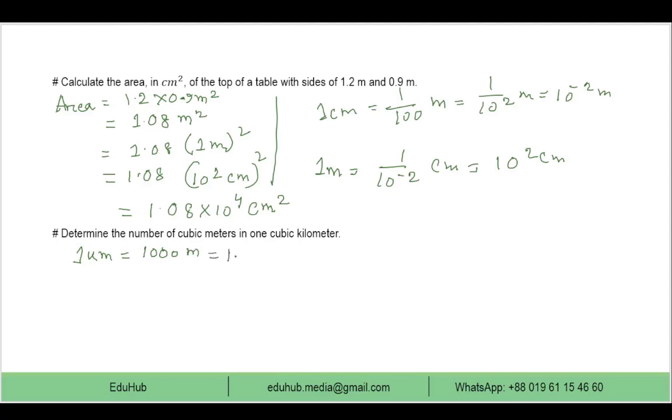That means it is 10 to the power 3 meter. So we can write 1 meter is equal to 1 by 10 to the power 3 kilometer. That means it is 10 to the power minus 3 kilometer.